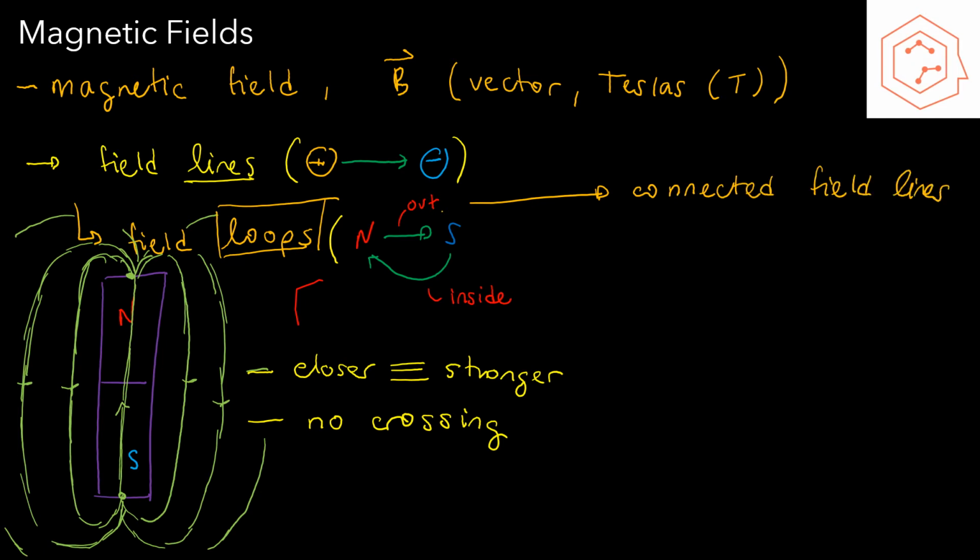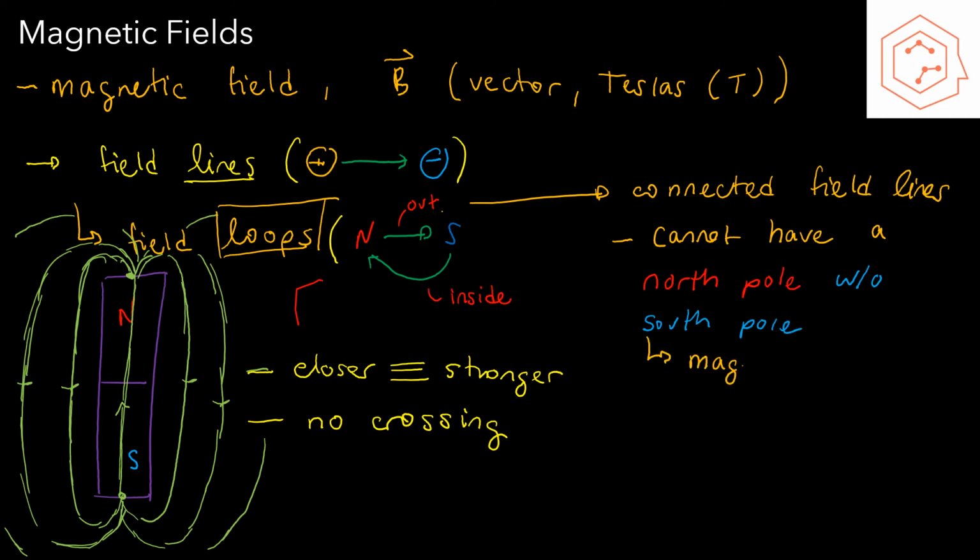And so in other words, we cannot have a north pole without a south pole. And a short way to say this is that there is no such thing as a magnetic monopole.